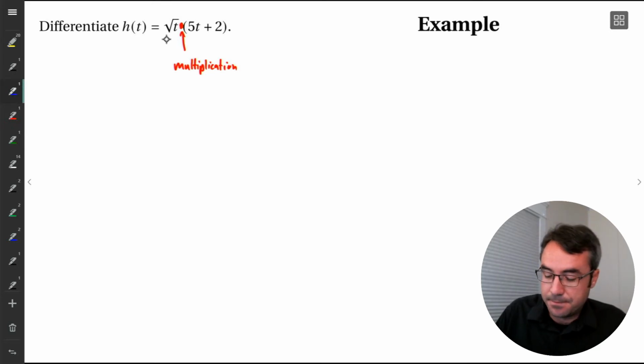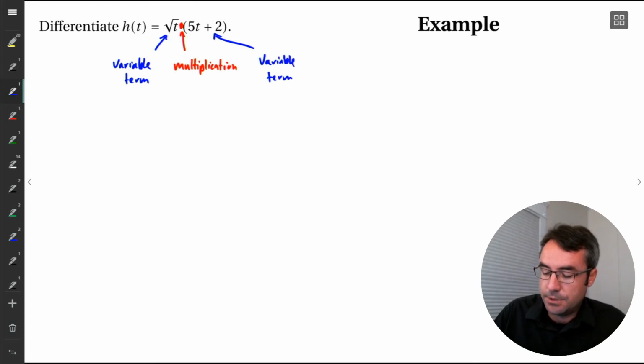If we look on the left side here, there's a variable term. We look on the other side of the multiplication, and there's a variable term over there. So what we have is a function on this side, a function on this side, and then we're multiplying them together.